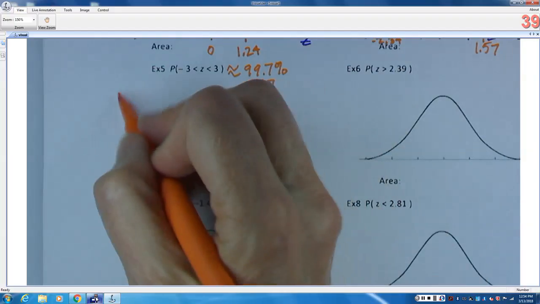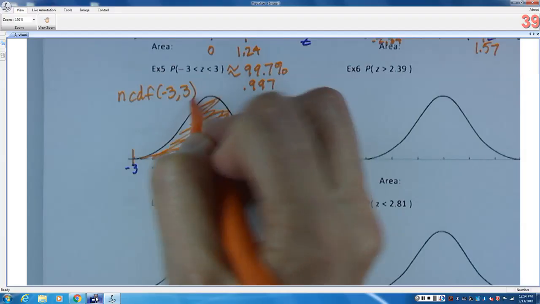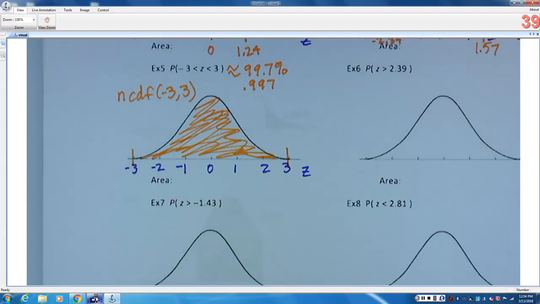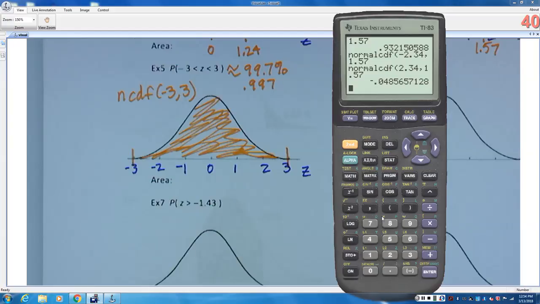It's normal CDF, minus 3 to 3. Second distribution, number 2, normal CDF, minus 3, comma 3.